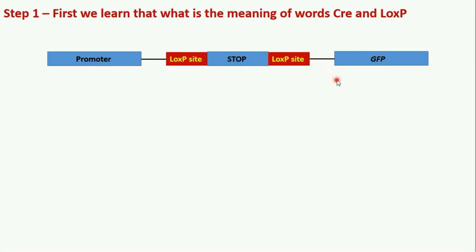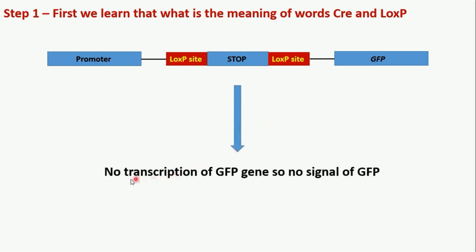Now, if we are going to transcribe this sequence, then there will be no transcription of the GFP gene, and we will not get any signal of GFP because the stop sequence is present between the promoter and the coding sequence.